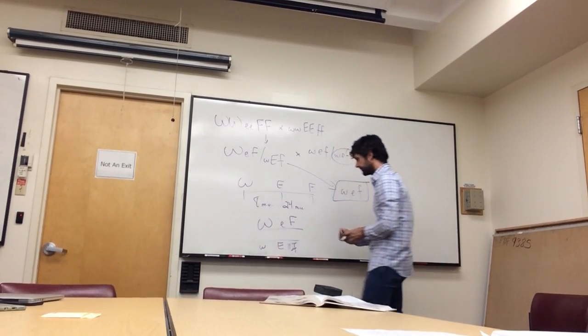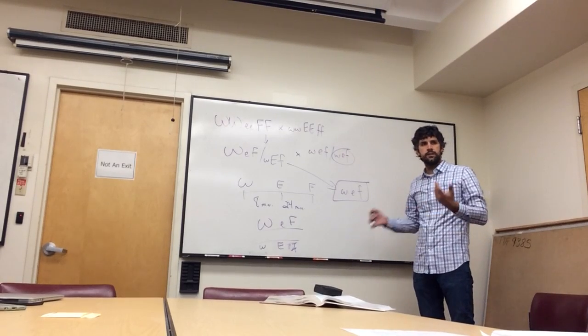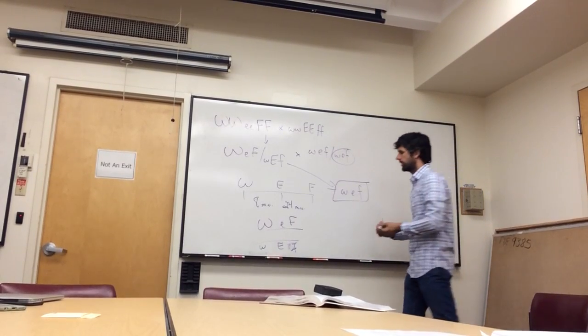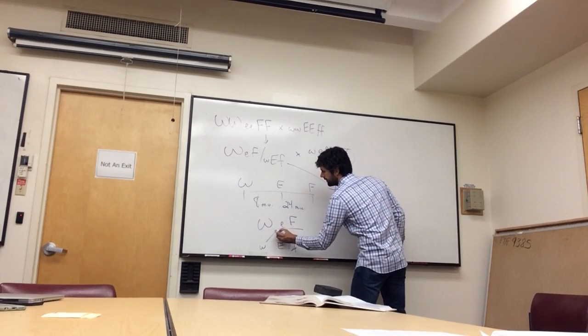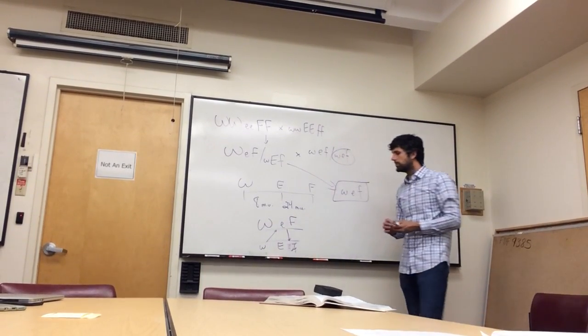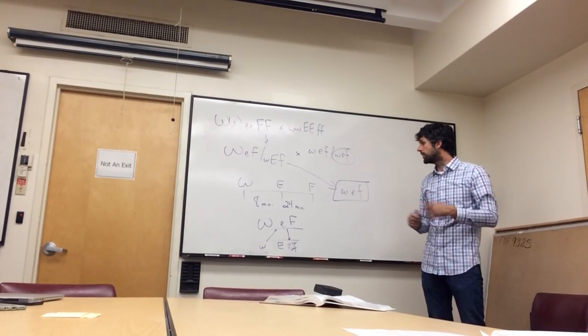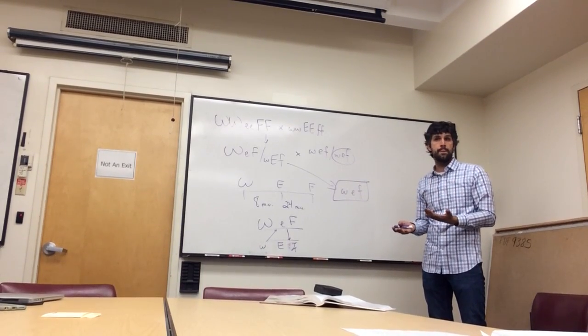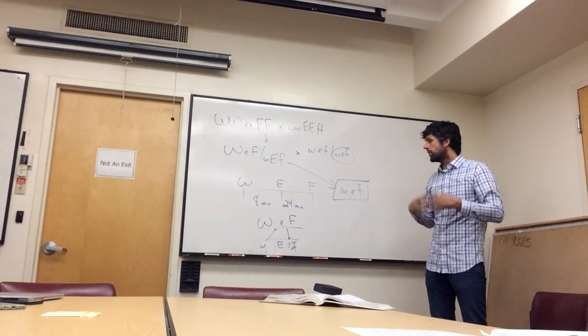What's it going to take to get this gamete? We're going to have a crossover here and here. So we're going to have a crossover between W and E and a crossover between E and F. Does that make sense? So how often does that happen?